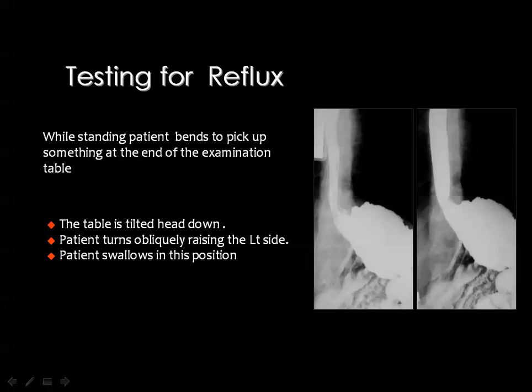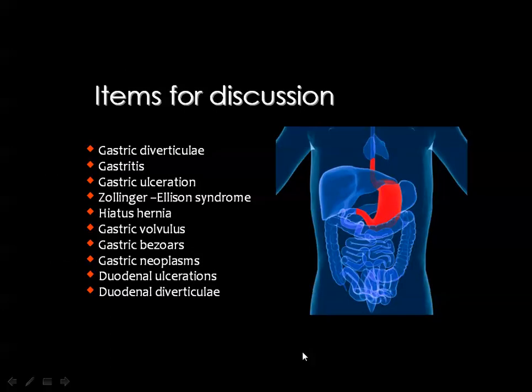And we have discussed in details the issue of GERD, or gastroesophageal reflux disease, and how to diagnose this disease and the complications expected from the long-standing gastroesophageal reflux. Now, in the sector of the stomach, we would like to discuss the issue of gastric diverticula, the types of gastritis and gastric ulcerations.